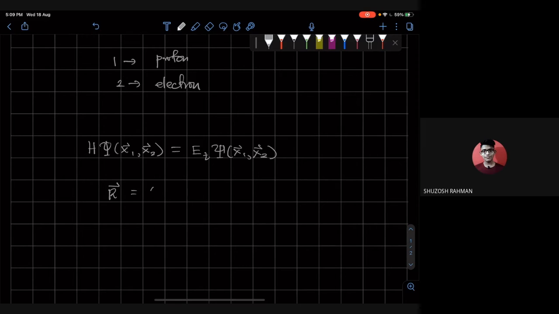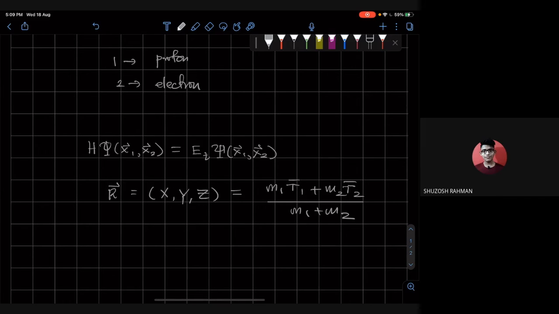This is a 3-vector whose components are big X, big Y, big Z, and that's given by M1 R1 plus M2 R2 divided by M1 plus M2.